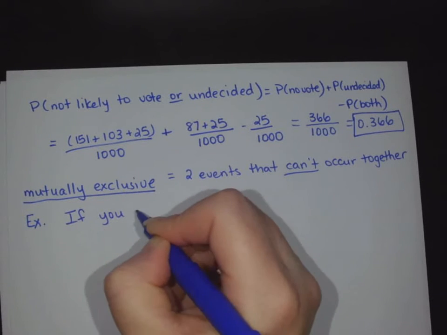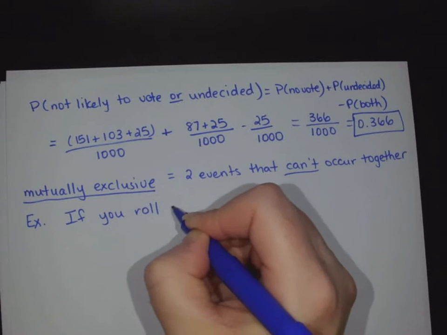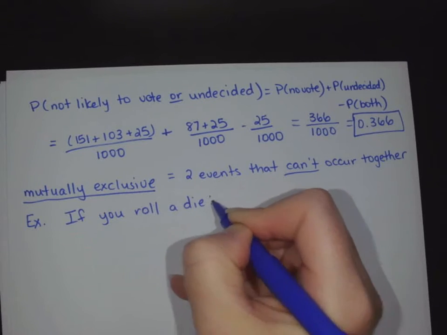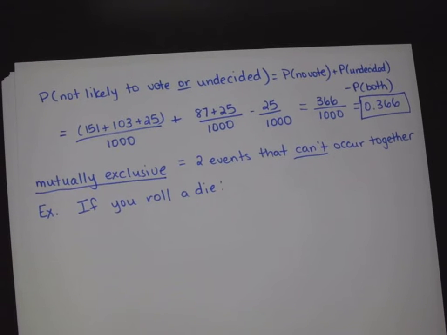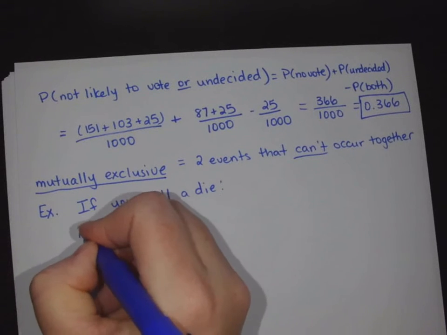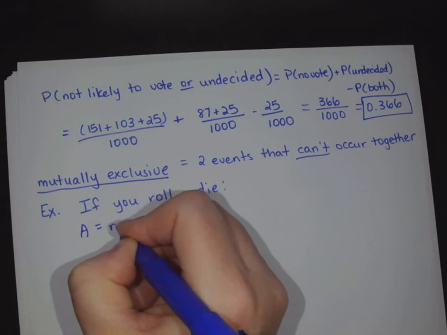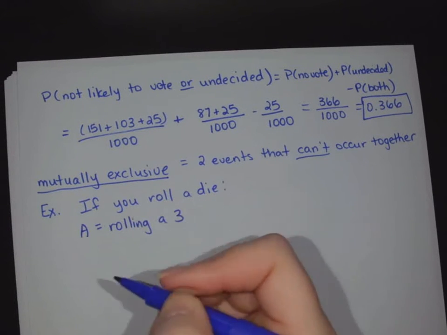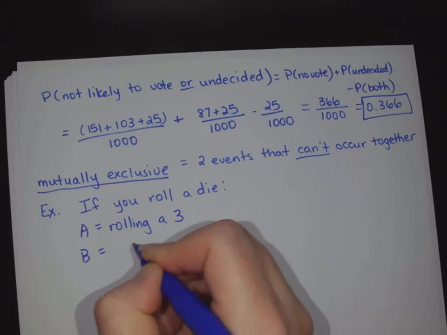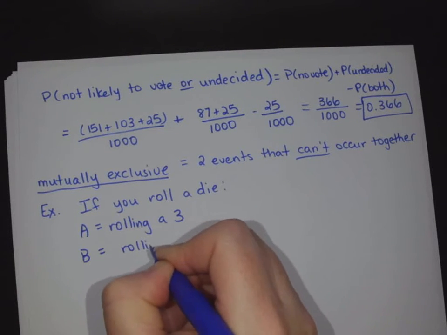Let's do a little more complicated example. Let's say we roll a die. A die is the singular form of dice. Dice is more than one, but die is one. Let's say event A is we want to roll a 3, and B is rolling an even number.